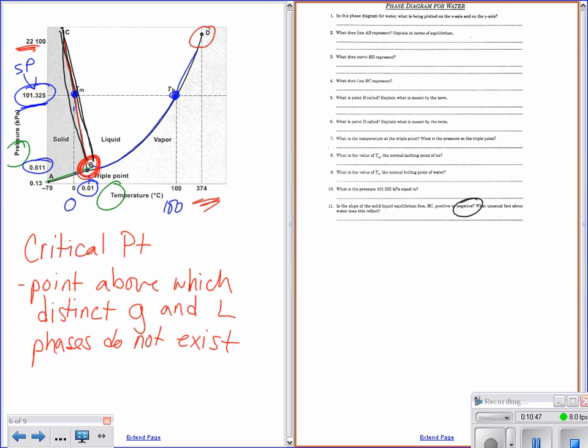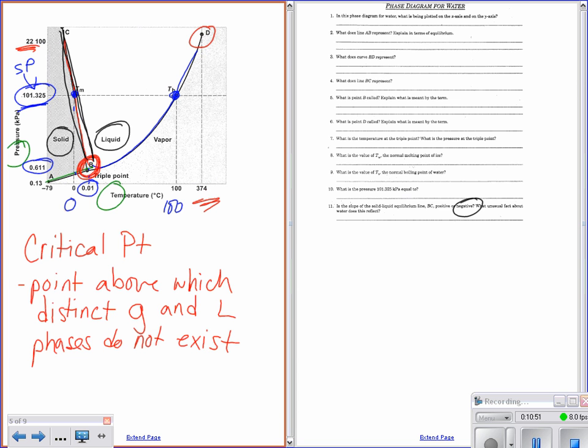Well, if you think about it, what we're really looking at is that interface between our solid and our liquid. Think about what you know with water. Water, H2O, is one of those really unique substances that is less dense in the solid phase. Your ice cubes float, right?